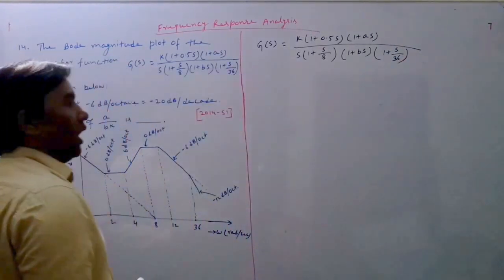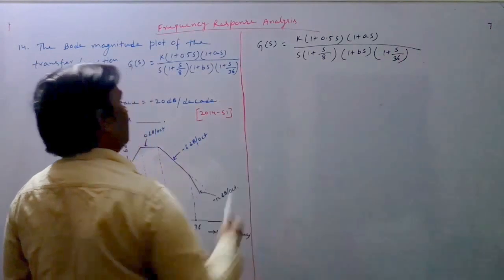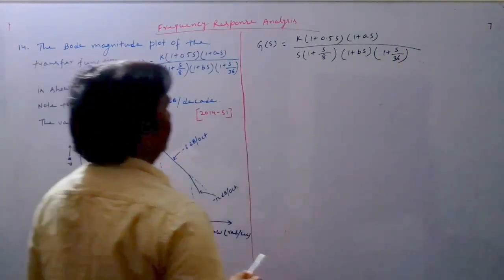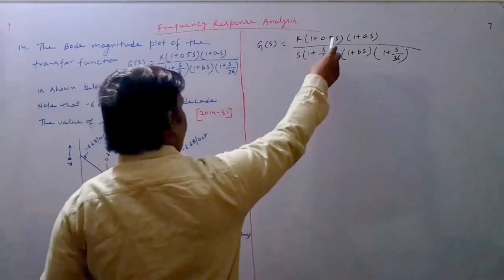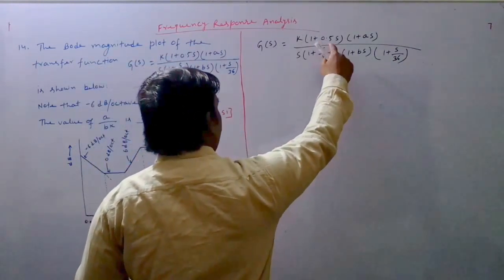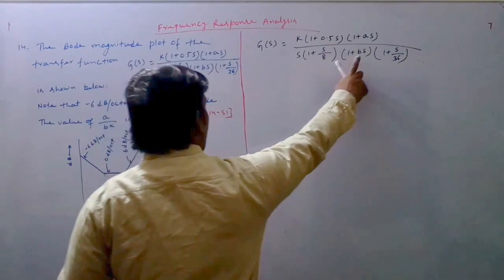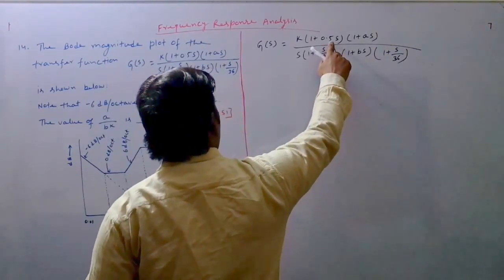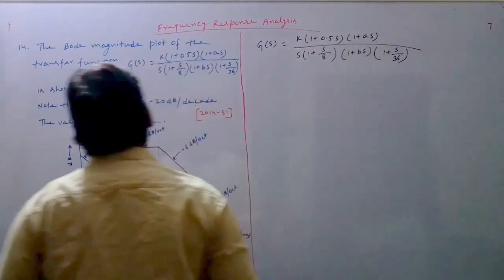Now, as we can see from this transfer function, the corner frequencies are at 8, 1 by b, 36, 1 by 0.5 and 1 by a.